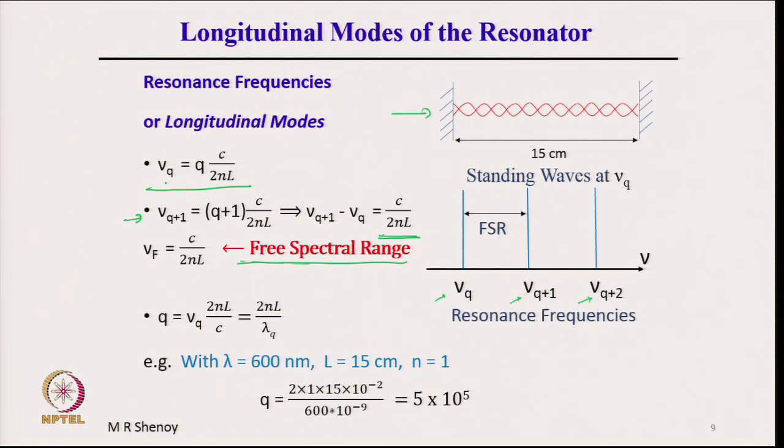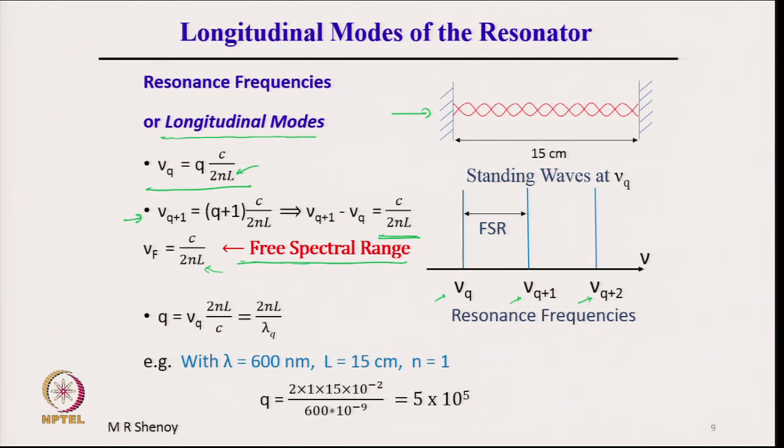Note that the resonance frequency ν_q is determined by the length of the resonator. Similarly, ν_f, the free spectral range, is determined by the length of the resonator. The rest are all constants, and therefore these are also called longitudinal modes: allowed solutions or resonance frequencies determined by the length of the resonator.